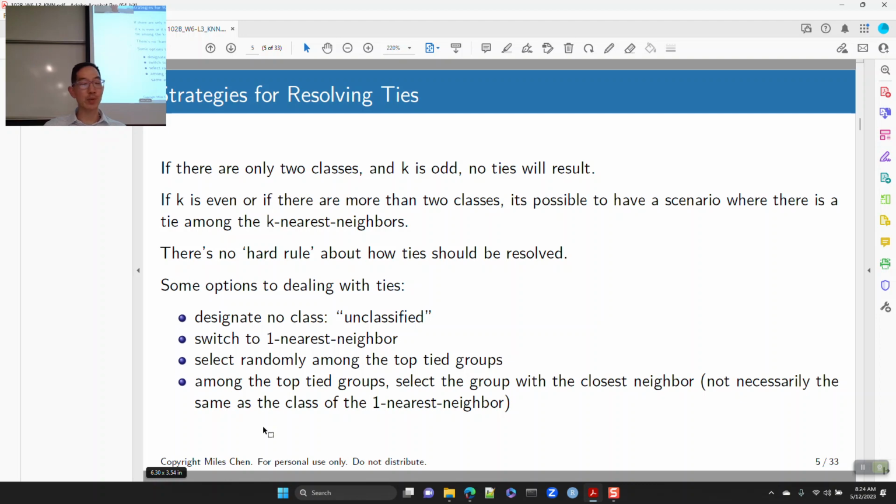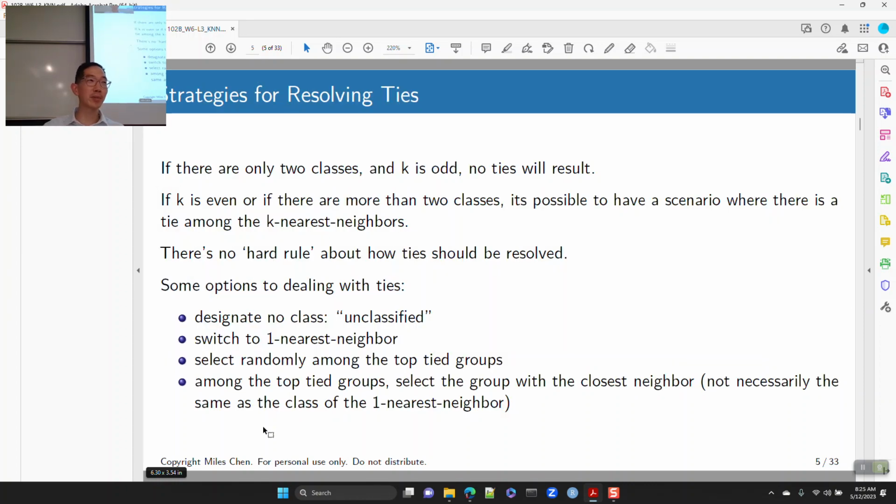You can also select randomly among the groups that are tied, and you can also, among the groups that are tied, select the group that has the nearest neighbor, which is not necessarily the same as choosing your one nearest neighbor. A lot of times it is, but not necessarily. So those are all different options.